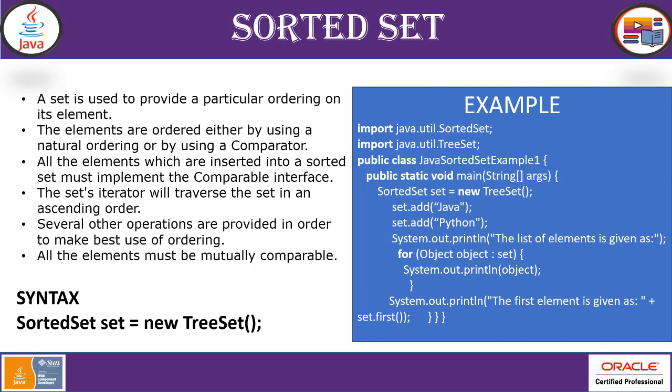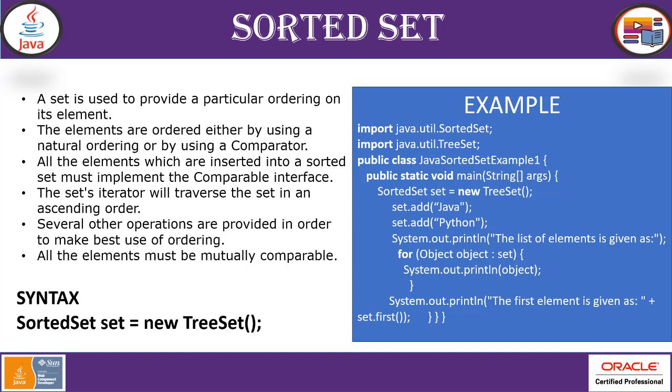A SortedSet is used to provide a particular ordering on its elements. So basically SortedSet supports inbuilt sorted elements. The elements are ordered either by using natural ordering or by using a comparator. All the elements inserted into the sorted set must implement the Comparable interface. Set iterators will traverse the set in ascending order.